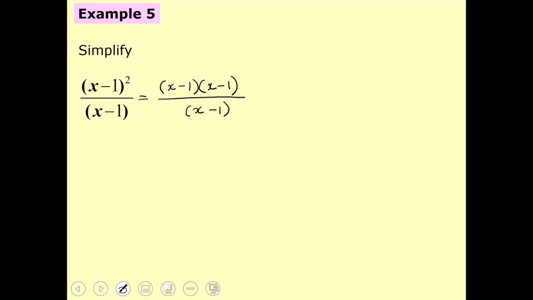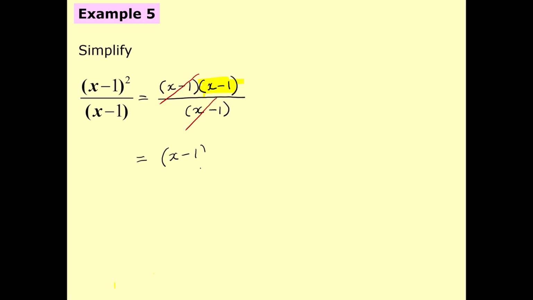So now we can go ahead and cancel out an entire bracket, because it's a factor, as long as it's been multiplied. x minus 1 on the top, cancelled with the entire bracket on the bottom, which means we will be left with just x minus 1 on the top, and so our final answer is going to be just x minus 1.